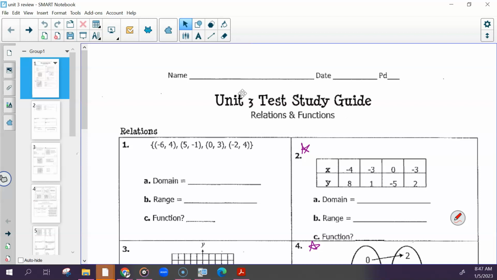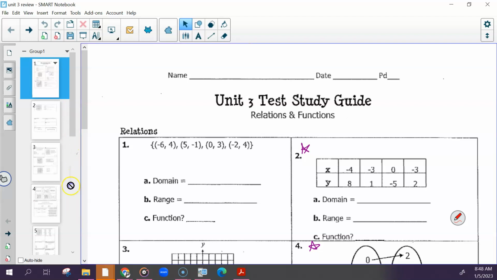So this is the review we went over the other day. Are there any questions from this we want to go over? 25 is okay.